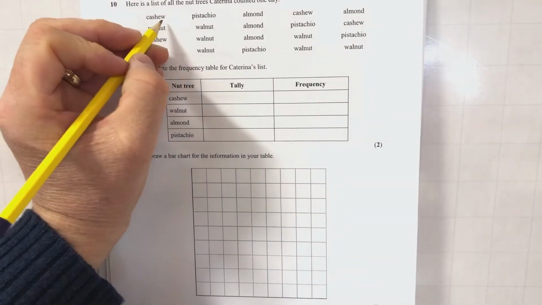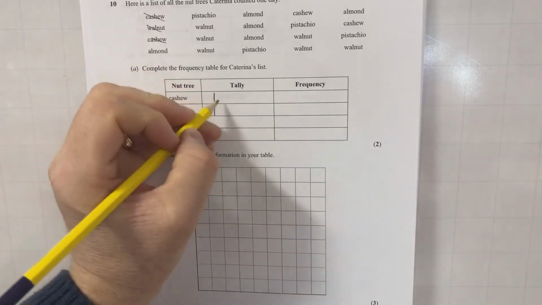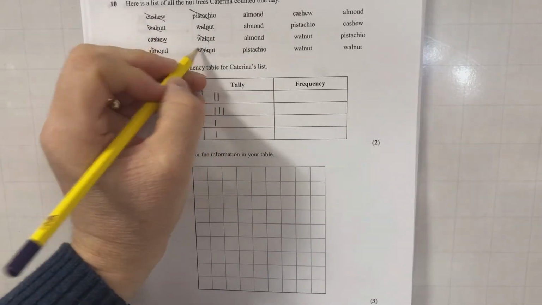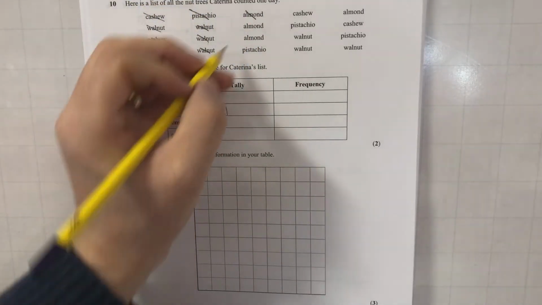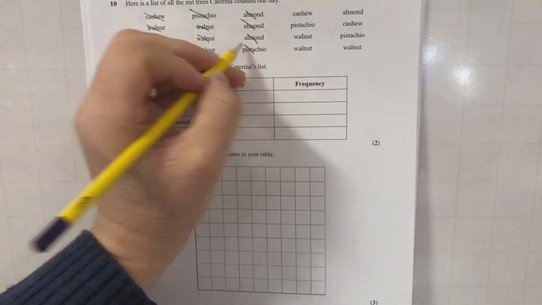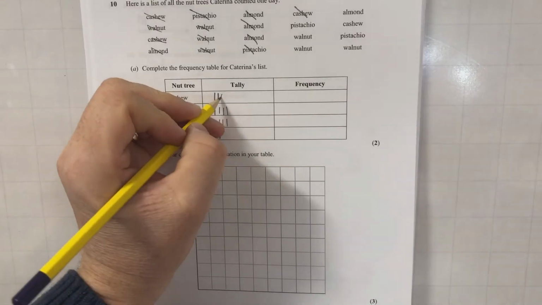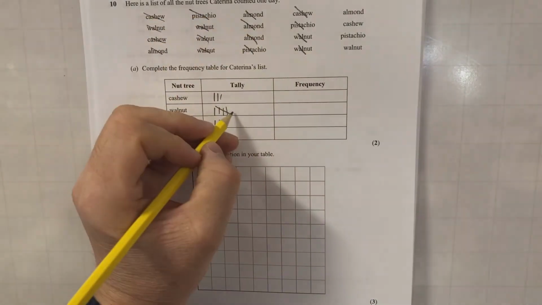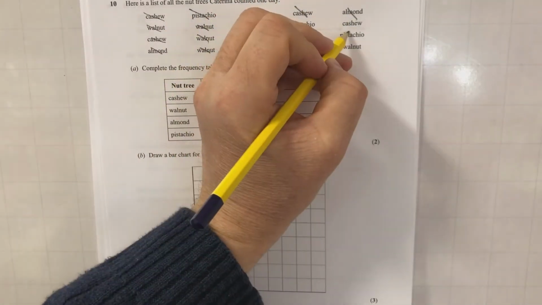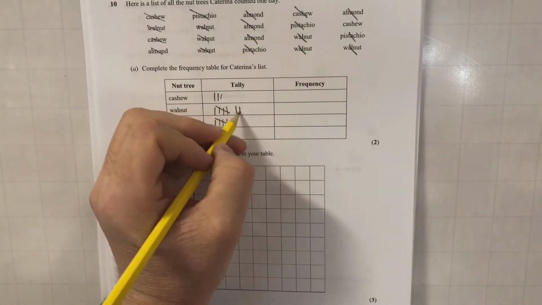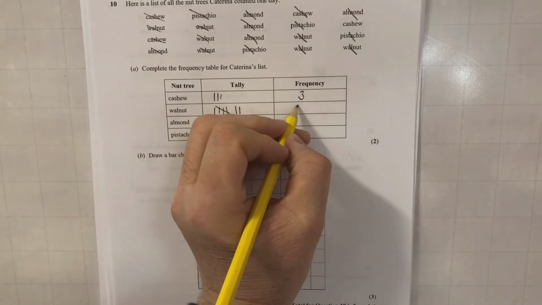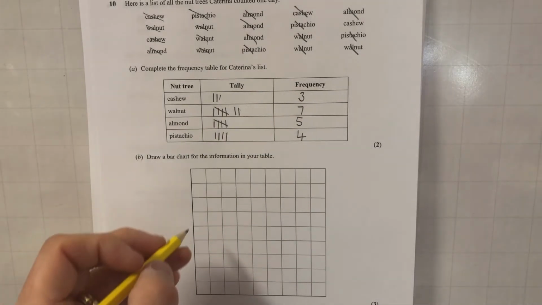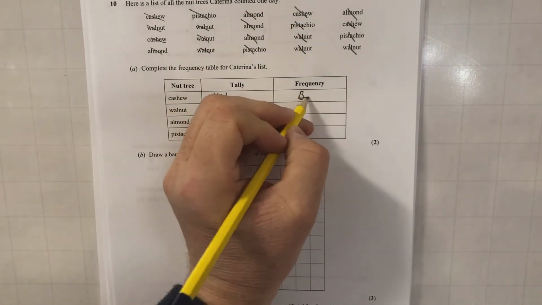So this one here, you start by tallying, so cashew, walnut, cashew, almond, and then we can see that we've got 3 of those, we've got 7 of those, 5 of those, 4 of those. 4 of those.